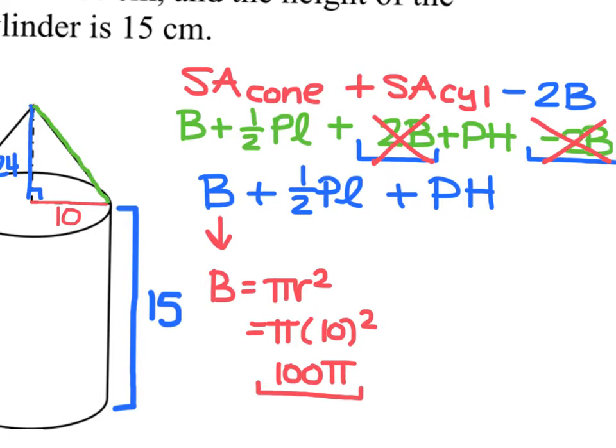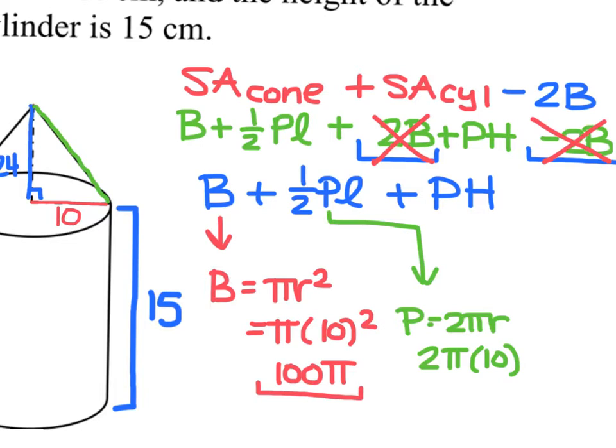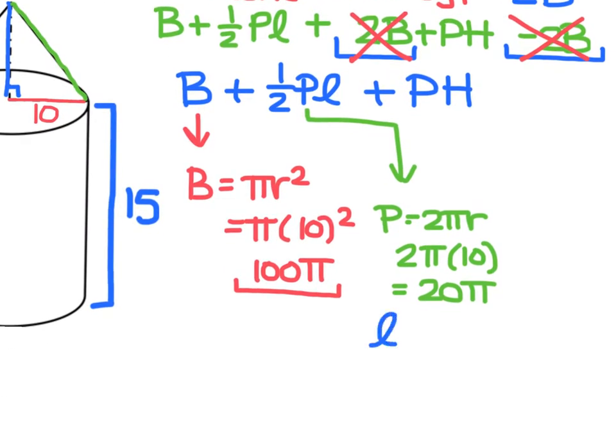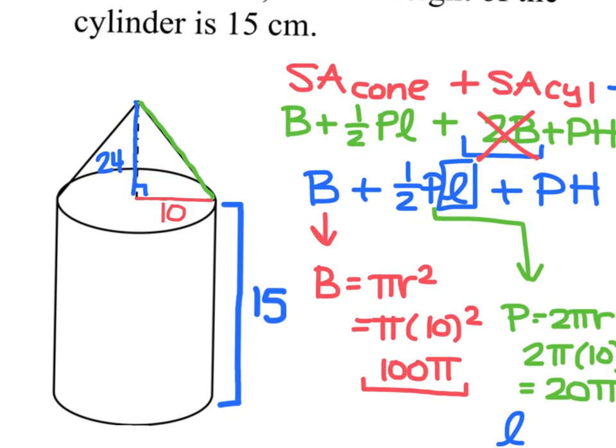So let's go ahead and find perimeter. Perimeter is the same thing as circumference, so 2 pi r, which is 2 times pi times my radius 10, 20 pi. Underneath that, let's find the slant height, which is this L, you guys. Figuring out the slant height, which is this green segment right here, we need to use a right triangle.